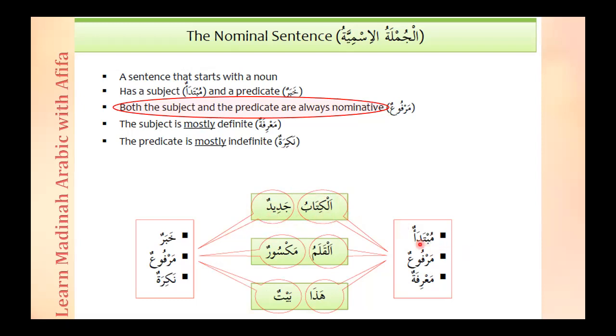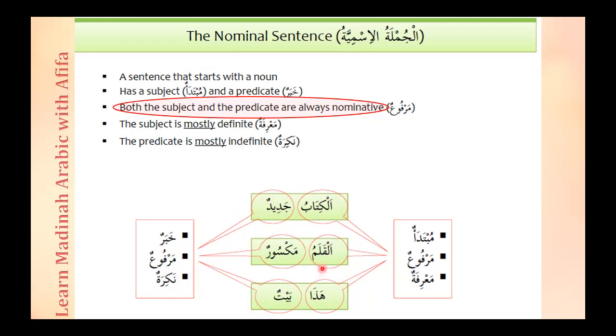It is mubtada'un, marfu'un, and ma'arifatun, definite. The book is new. We're getting information about the book. So what is jadidun? It is khabarun, marfu'un, and nakiratun. It is indefinite, there's no al in front of it.